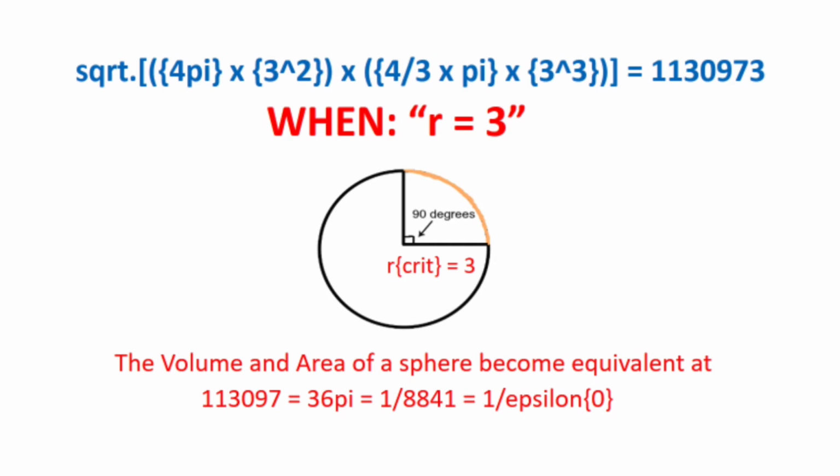I found that the surface area and volume values of this test sphere became equivalent at sphere radius 3 with mutual values of 113.097, which amazingly corresponds to the reciprocal of the epsilon naught electric free space permittivity constant of 8.842, or 1 over 113.097.